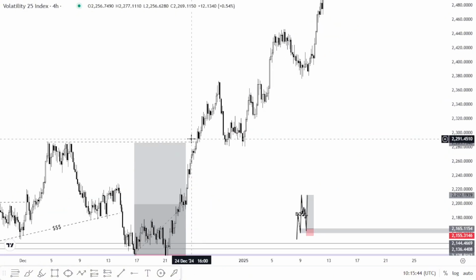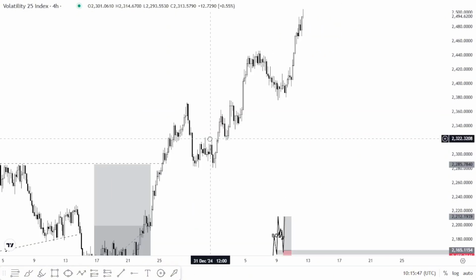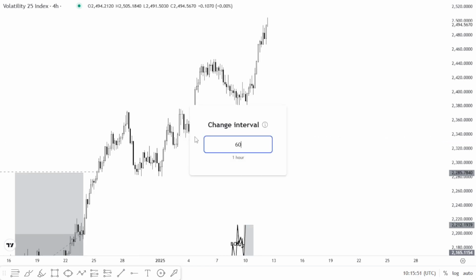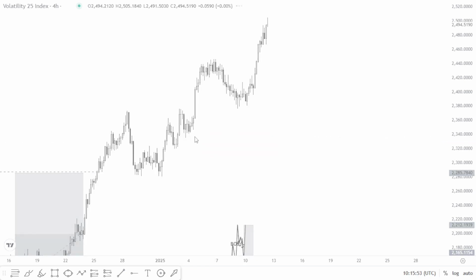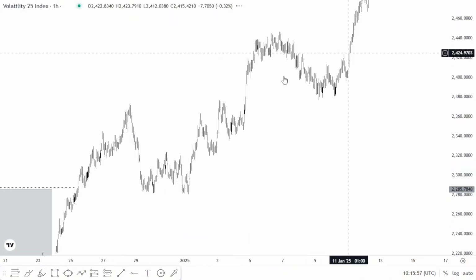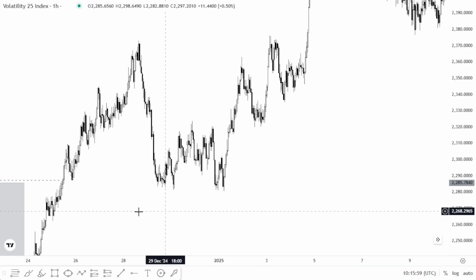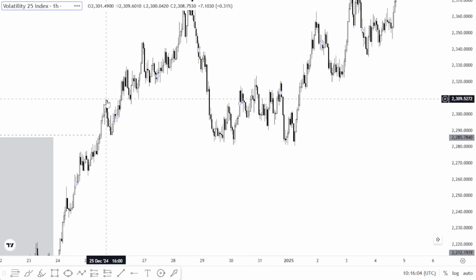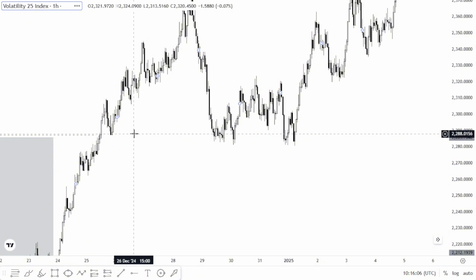But if you go down to the smaller time frame, which we'll do in just a sec, let's go to the smaller time frame. Since the market is creating highs and highs and not actually coming back, you could just go to the smaller time frame, like probably the 1 hour. Yeah, so you can see here that there's a break of structure. The market will turn back to this demand zone.